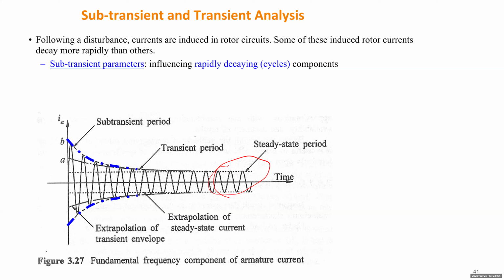That's one cycle. So if we talk about several cycles, let's say 6 or 7 cycles, that's about 0.1 second. Which means sub-transient dynamic usually will be finished within 0.1 second. Beyond 0.1 second, that becomes transient dynamic.